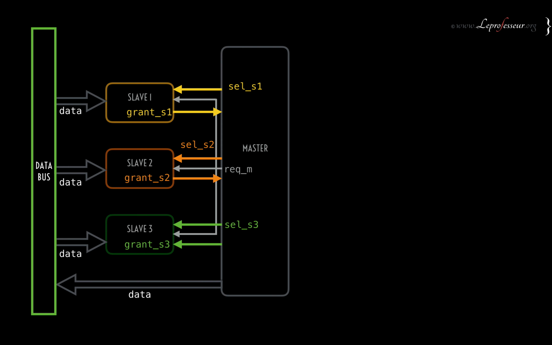Now let's make the situation a little bit more interesting and complex. I have one master, and the master is communicating with 3 slave instances. These slaves may have the same module and different instances, or different modules and then their instances, it does not matter.